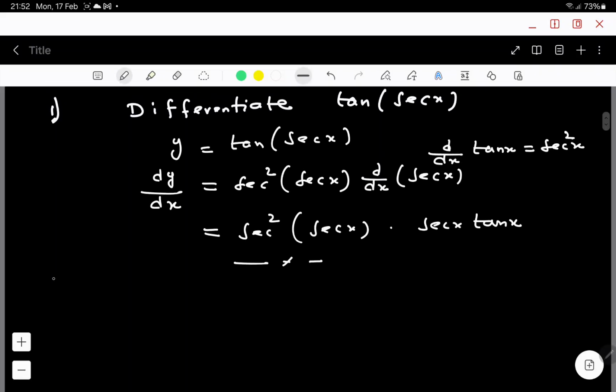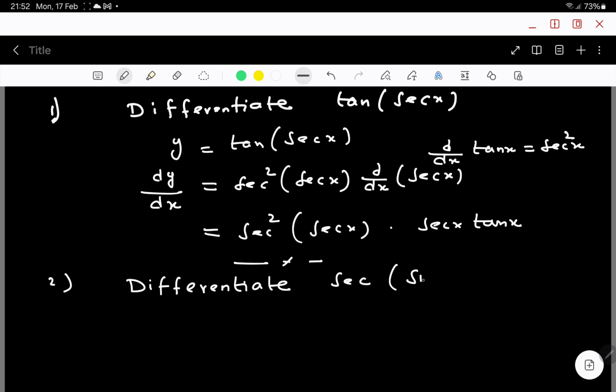Next, second problem. Differentiate secant of sine root x. Now take it as y. y equal to secant of sine root x.